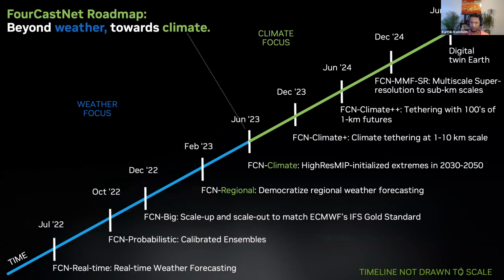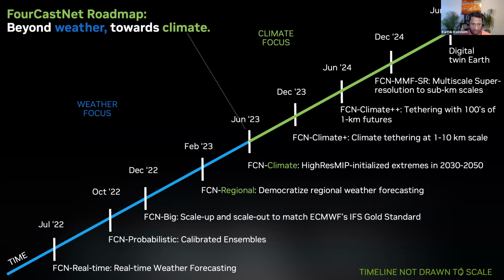So here's a roadmap of the things that we're doing with ForecastNet, but also with many other models. On the left bottom half of the figure is the work that we've been doing on the weather extreme. So we have results from early last year, or I guess mid last year, on real-time weather forecasting. We've calibrated our ensembles.